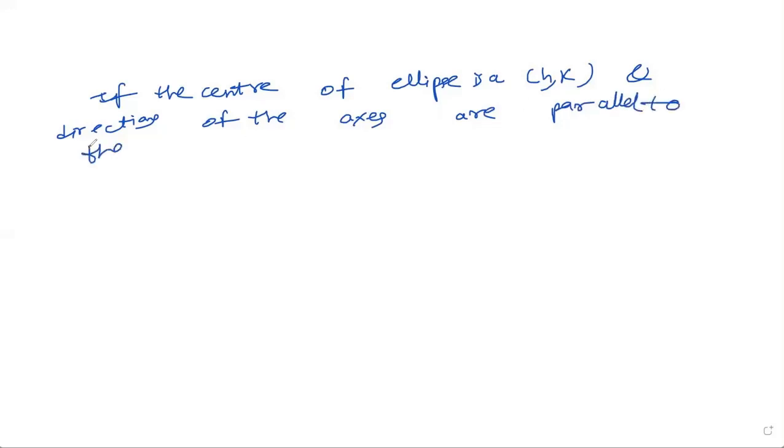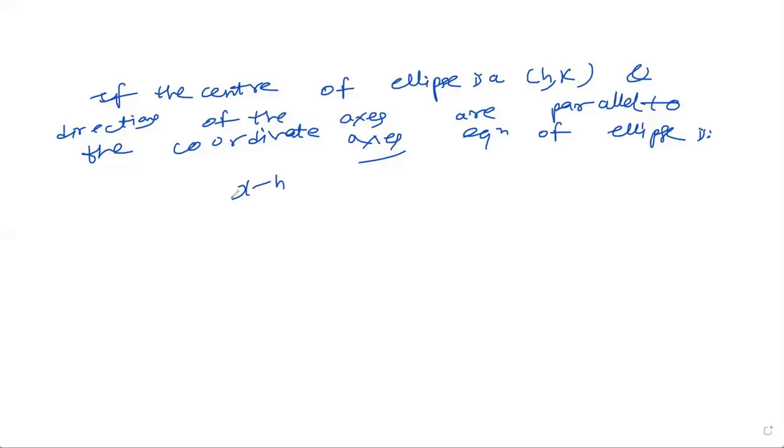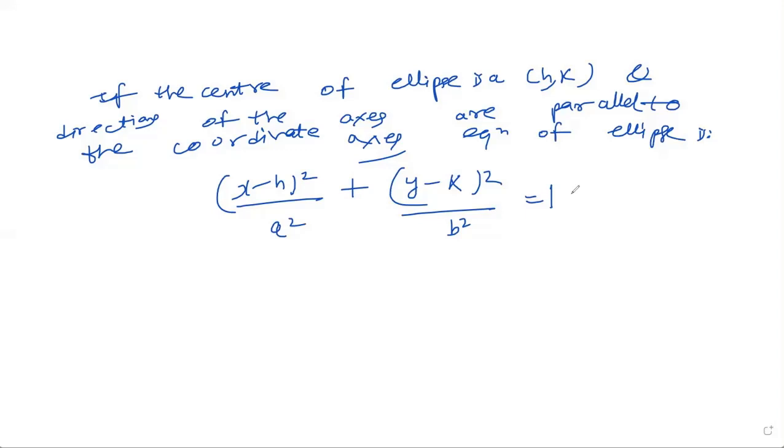Okay, so any one of the cases we might consider. So in that case, the general equation of the ellipse will be (x minus h) whole squared divided by a squared plus (y minus k) whole squared by b squared, and that will be equal to 1. Okay, I think that's pretty clear now.